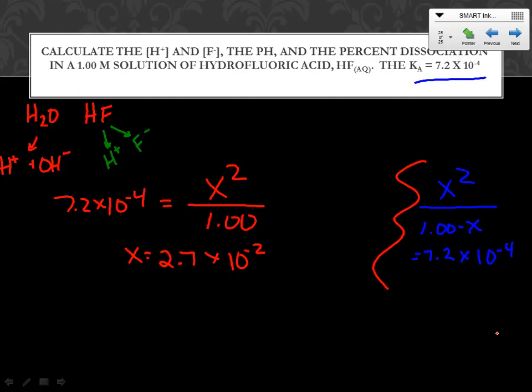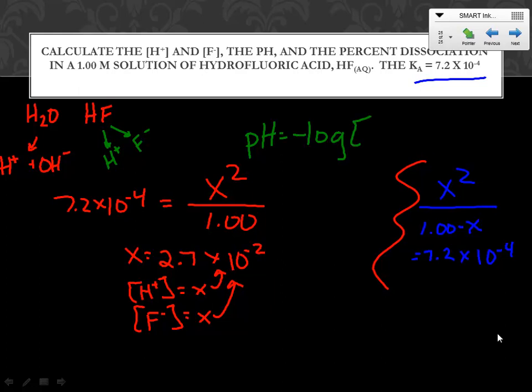Okay. Using this, we can calculate that the H plus concentration is, because remember the H plus concentration from the icebox equaled X, so we can assume it equals that. Same thing with the F minus concentration. And if we want to know the pH, remember that pH is going to equal the negative log of the H plus concentration, which we conveniently just calculated.